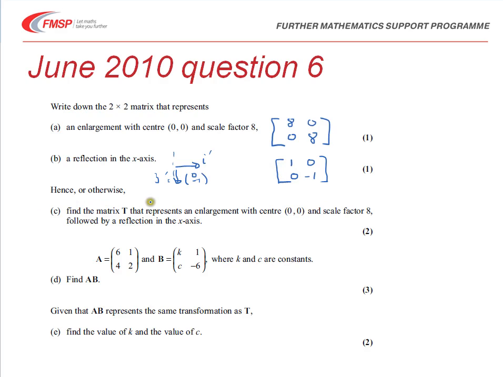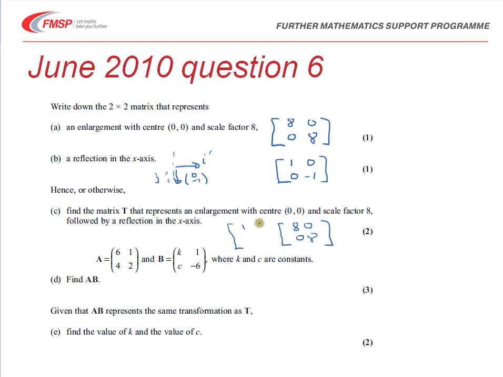It goes on to say, hence or otherwise, find the matrix T which represents an enlargement with this particular enlargement, followed by a reflection in the x-axis. So we've got the enlargement 8, 0, 0, 8 followed by, so we're going to multiply that on the left.